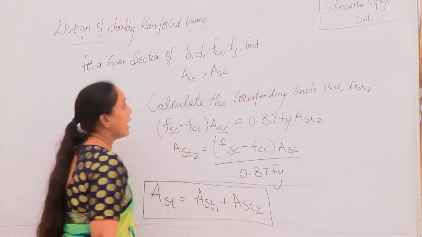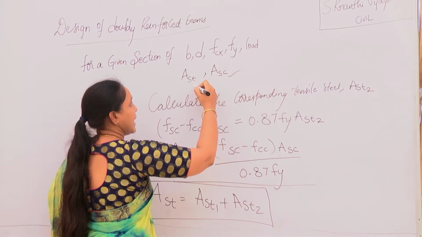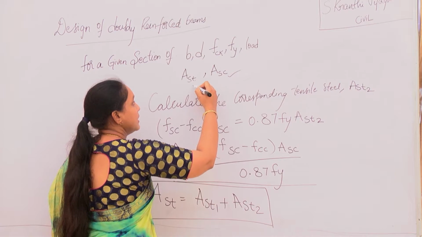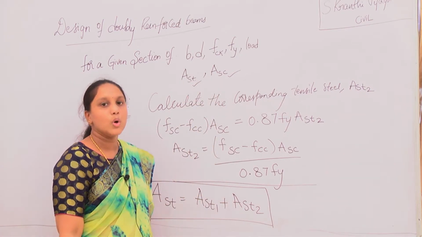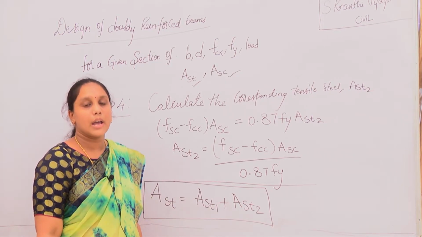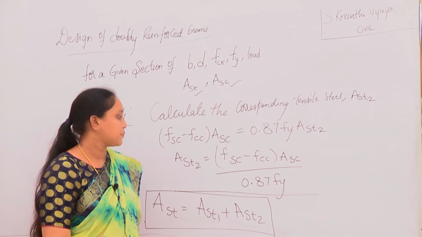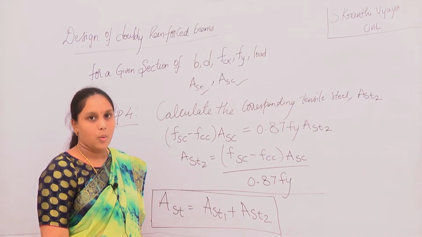Now we have calculated the Ast as well as Asc. So now what we have to do is assume a suitable diameter of the bar and calculate the number of bars required.